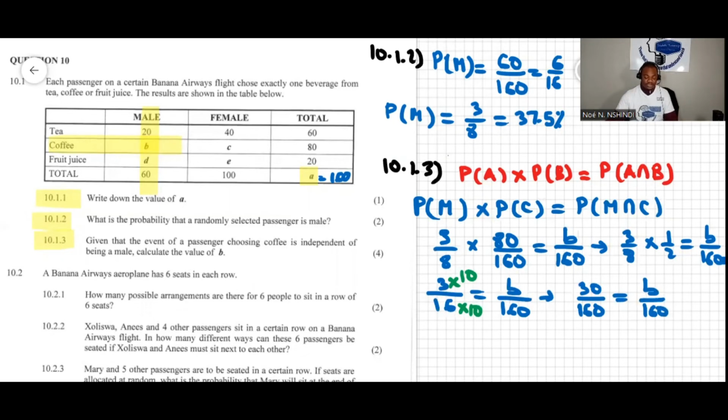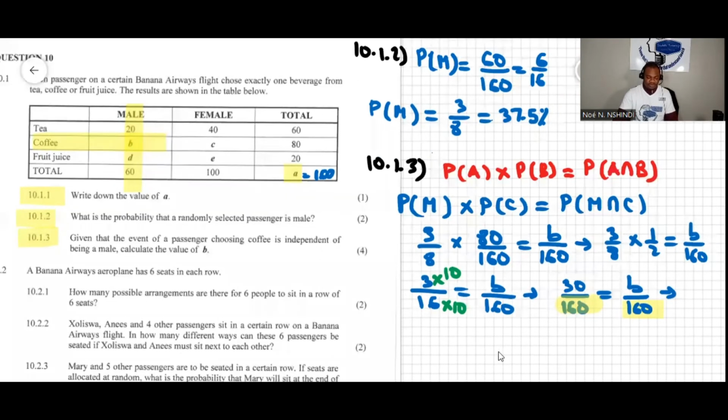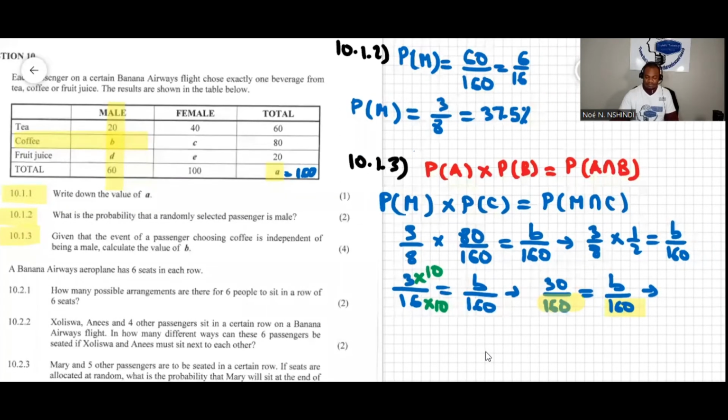Because the denominators are common, we can just say B is equal to 30. That's the value of B.